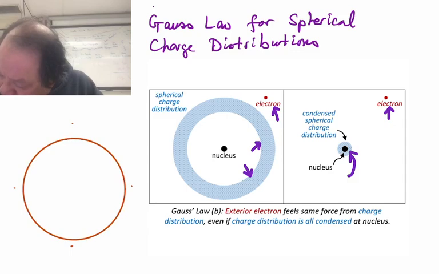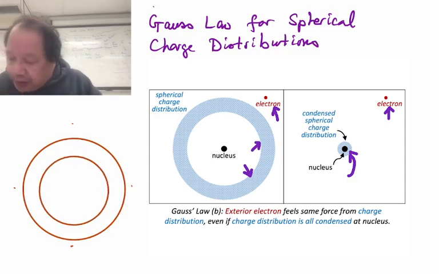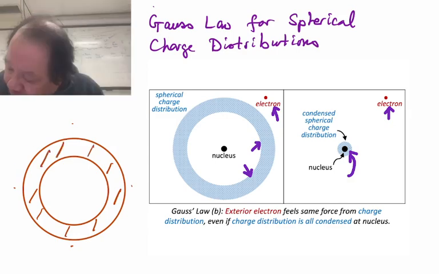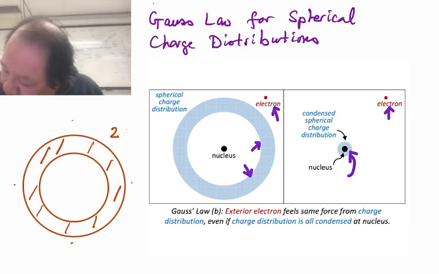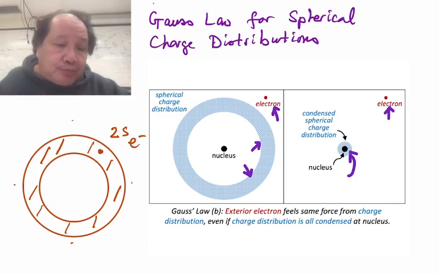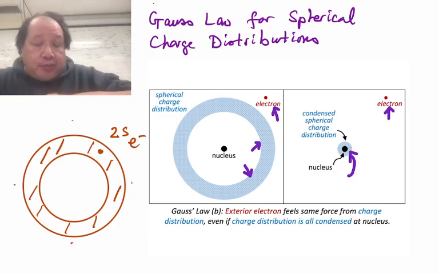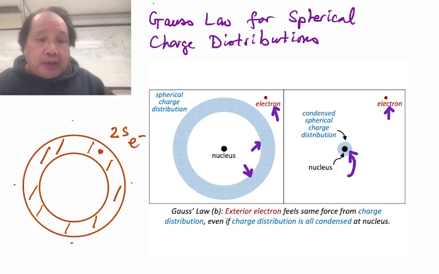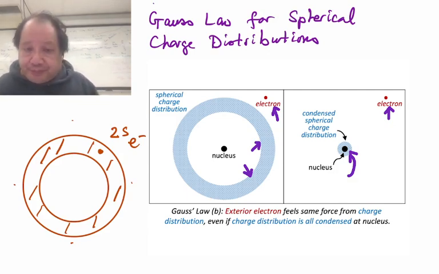This ring is going to be the band that the 2s electrons make. So these are 2s electrons. Here's a 2s electron, and its location is confined to being inside that ring, as we know from psi squared and from the Bohr spatial diagram.